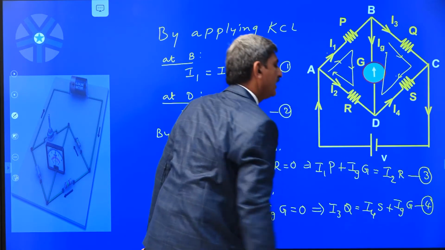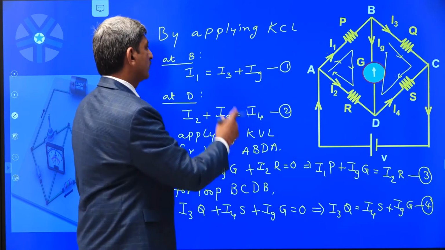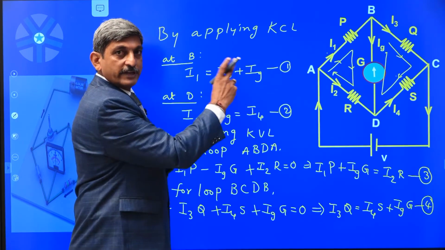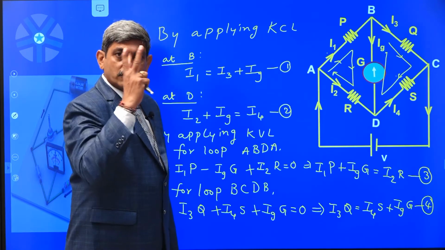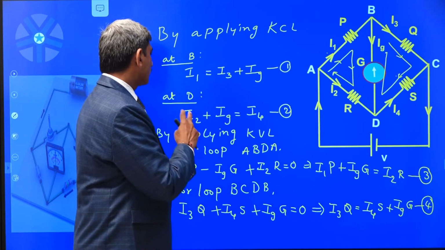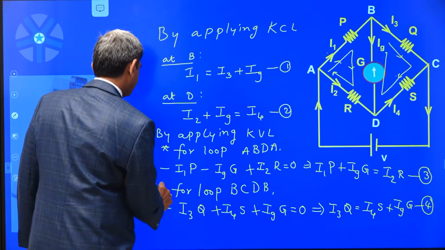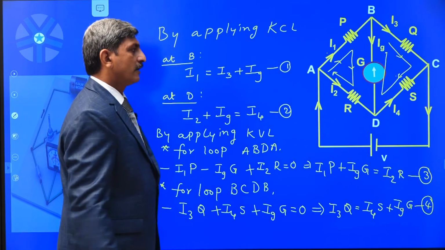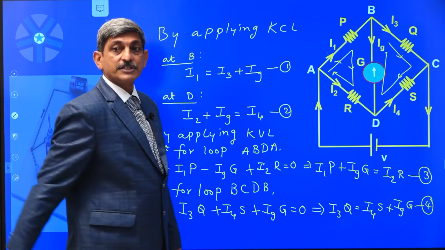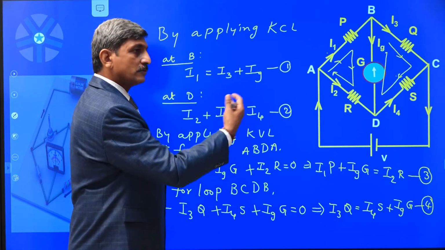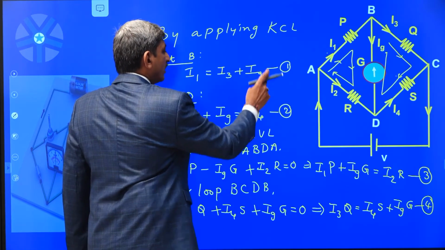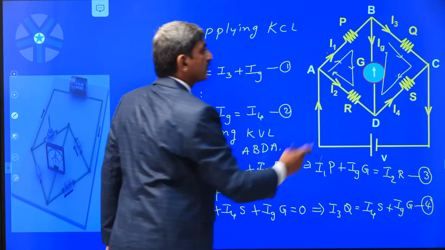Let it be equation number 4. So here we apply Kirchhoff's current law for two junctions, and also we apply the Kirchhoff's voltage law for two loops. Now, for the convenience of the derivation, I am going to write down these 1, 2, 3, 4 equations at a place like this.